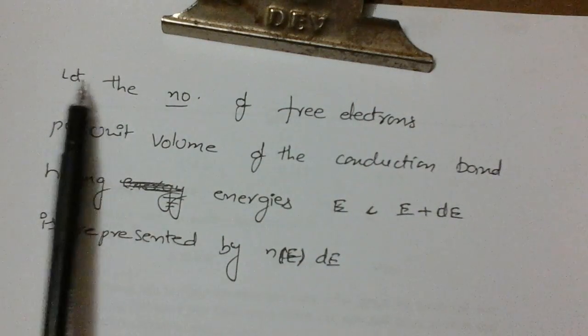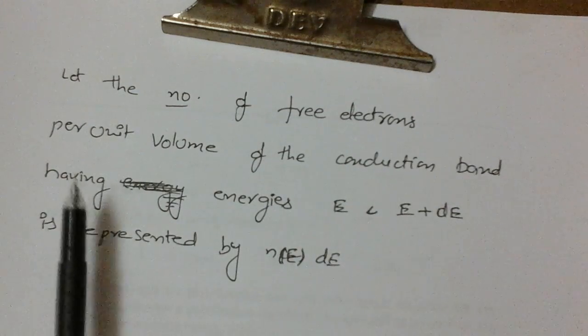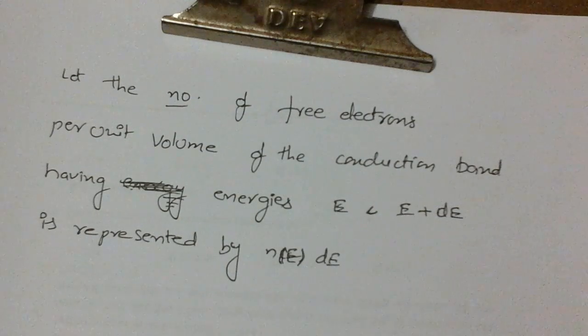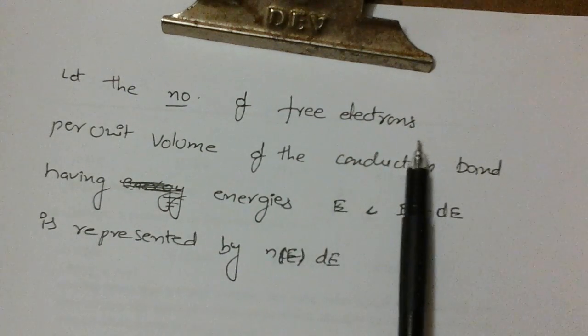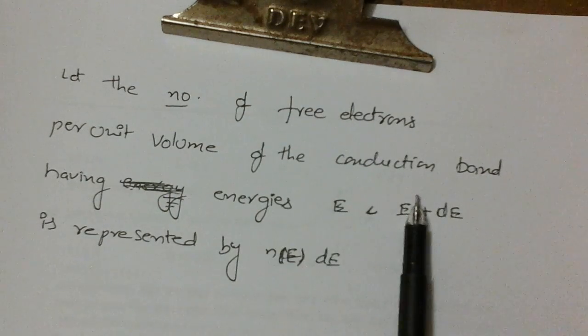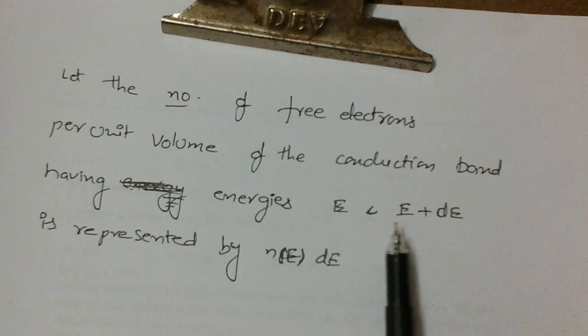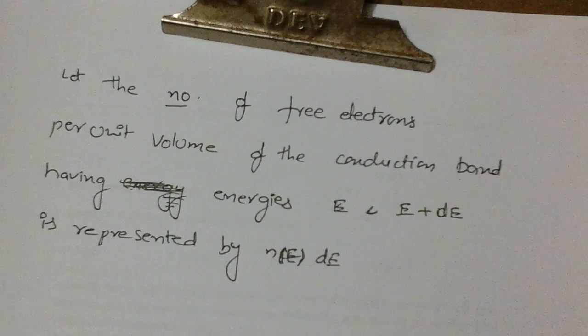Now the same thing we said here. Let the number of free electrons per unit volume of conduction band having energies E and E plus dE be represented by n of E dE. Once again I am repeating: let the number of free electrons per unit volume of conduction band having energies E and E plus dE be represented by n of E dE.